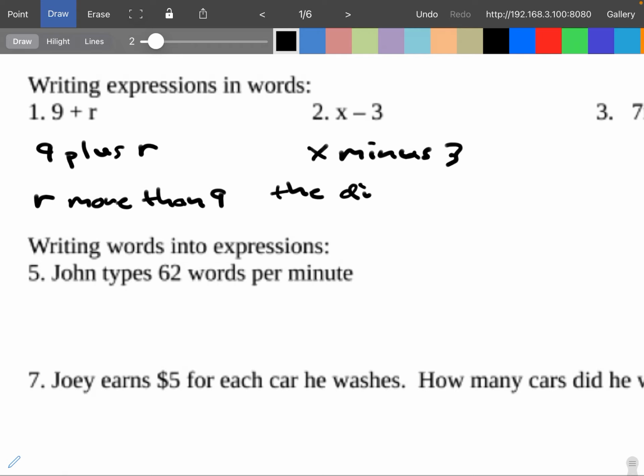So the difference of x and 3. All right, you guys got that one? Maybe I'll put so you can see the different ones. That's one, that's one, that's one, that's one.